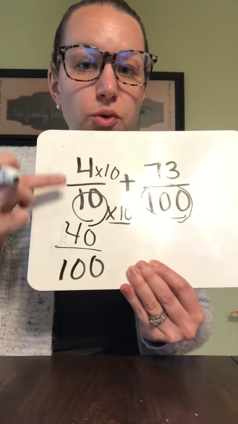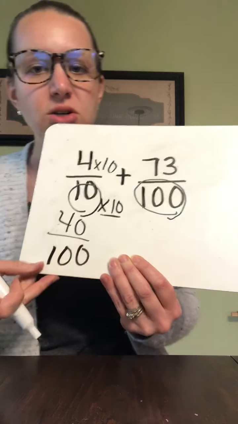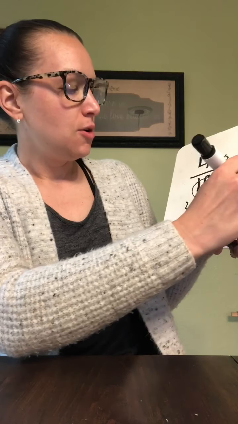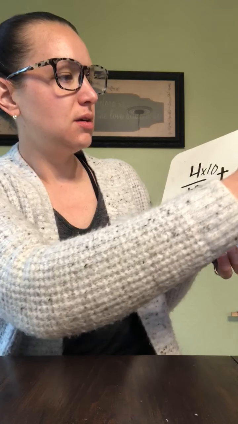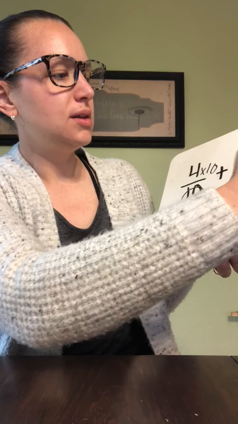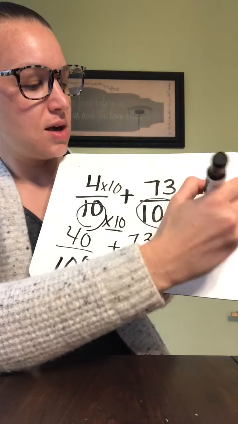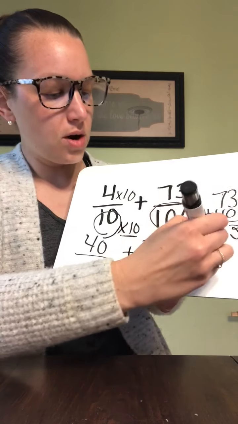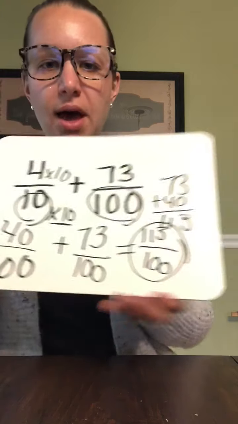This is equal to 4/10, but now do I have a common denominator that I can add? Yes, I do. So now I can add 40/100ths plus 73/100ths, which I'm just going to do a quick little addition on the side, right? 73 plus 40, my 3, that's 11, so it's 113 100ths, okay?